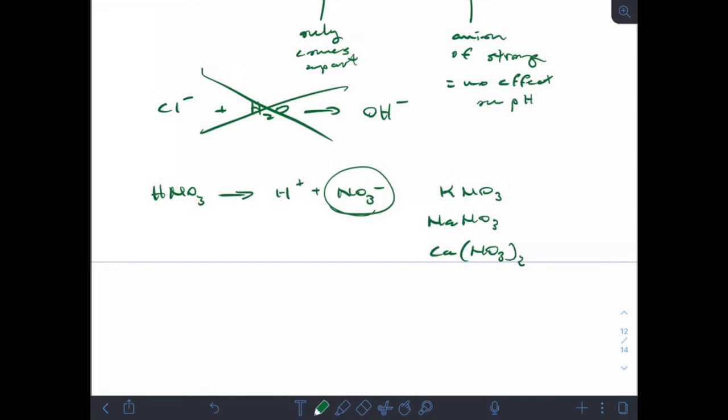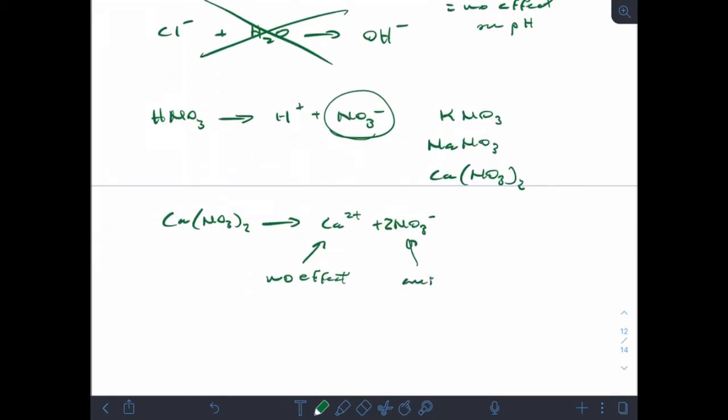And what I mean by taking the salt apart, if I'm talking about calcium nitrate, I get calcium 2 plus and NO3 minus, two of those. This one has no effect, and this one is the conjugate of a strong acid, or the anion of a strong acid. No effect. So calcium nitrate as a salt will not affect pH.